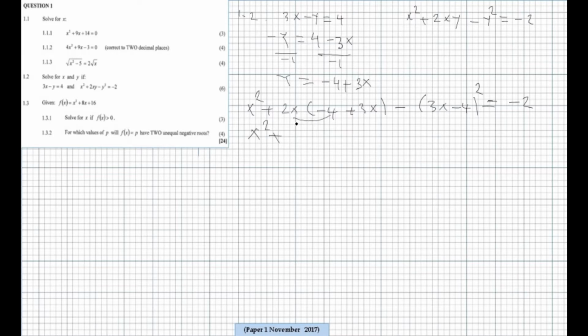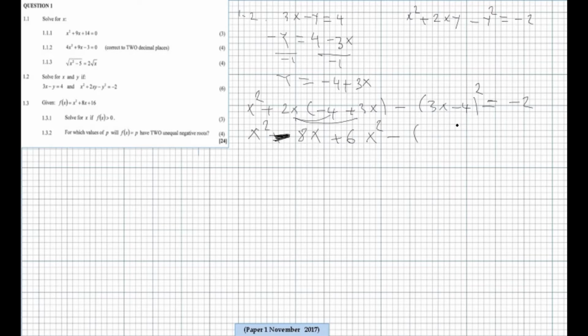So we multiply 2x with the first term and then with the second term, which is 3x. We start with the first term. We get negative 8x, and then we have plus 6x squared. 2x multiplied by 3x gives 6x squared. Then minus, and here many students make a mistake.